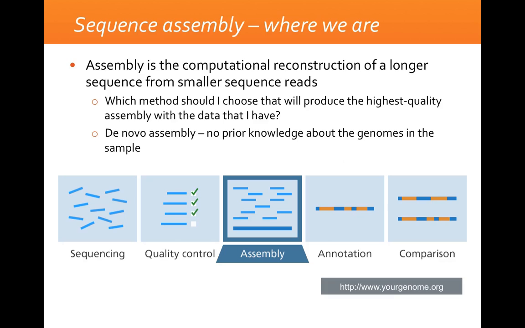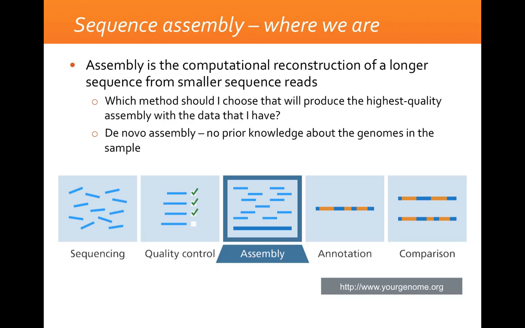requirements. Okay, I'm gonna move on to sequence assembly. We have been through sequencing in another talk and quality control in this talk. Now we are here at the assembly.